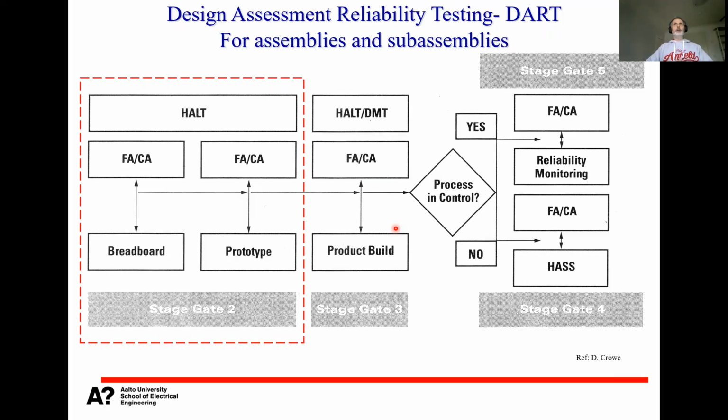When you go into mass production, you need to produce, let's say, 1,000 units every day. You need certain tools to be cost efficient. But in the prototype or breadboard case, it is enough that you manufacture 5 pieces, and then you can start testing these units.